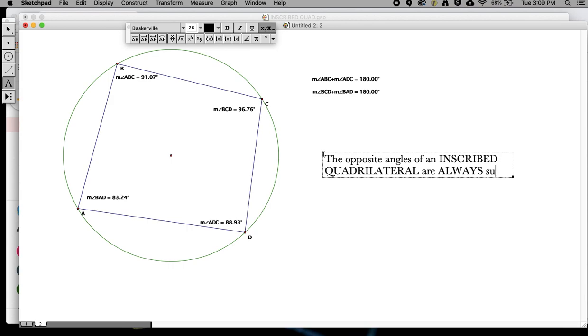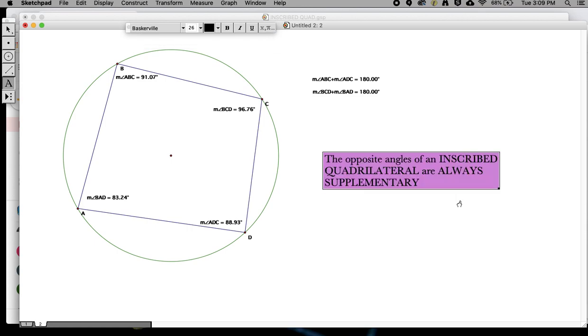That deserves a cap too. Supplementary. Okay? They're always going to be supplementary. So the opposite angles of an inscribed quadrilateral are always supplementary.